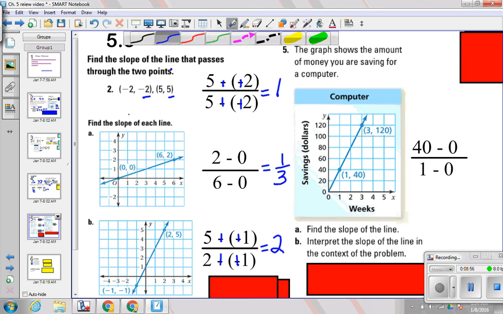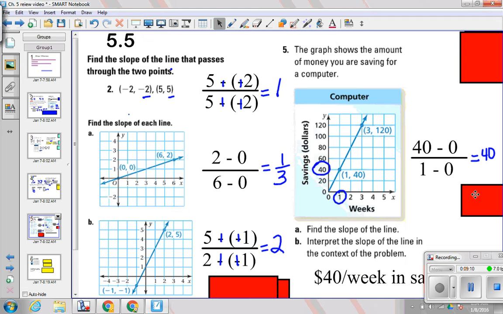So we end up with a slope of 40. And what that means is that in 1 week, we've saved $40. So we would write that as a unit rate, $40 per week in savings.